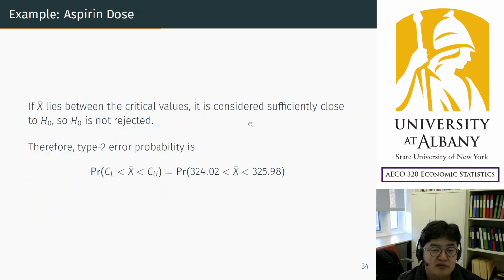Okay, now you know this is how you are going to calculate type 2 error probability. But what is missing here is the assumption. What is the truth? I need a number that is used as the center of the parameter for x bar.